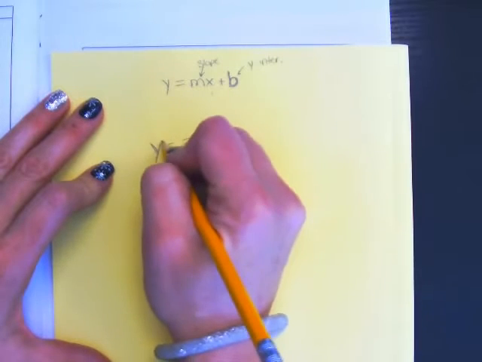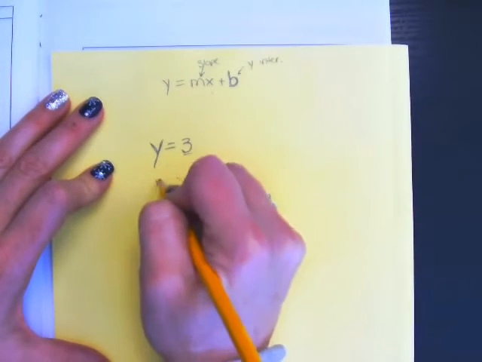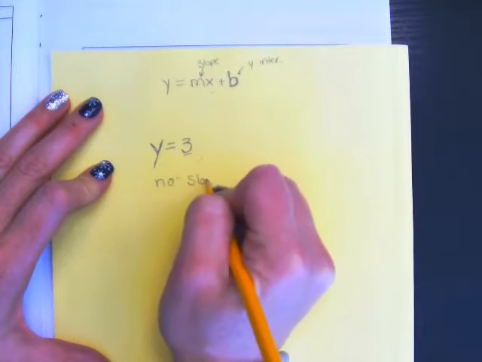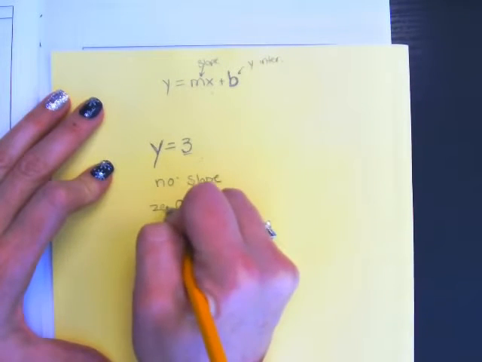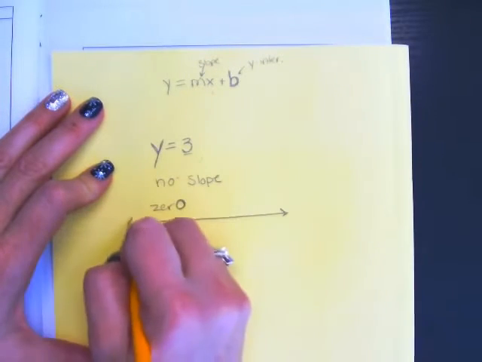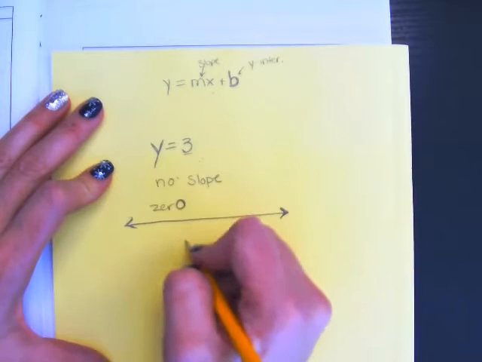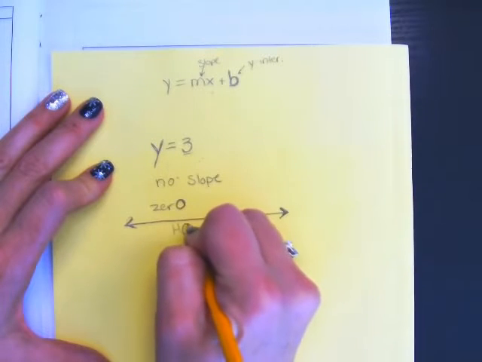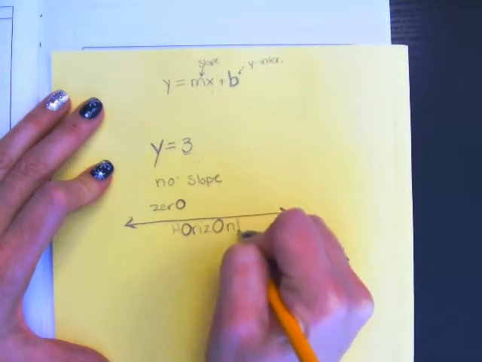So if you're looking at the equation of a line that says y equals 3, you're looking at something that has no slope, otherwise known as a slope of 0. And the line is going to be a horizontal line that just goes flat straight across. Horizontal.